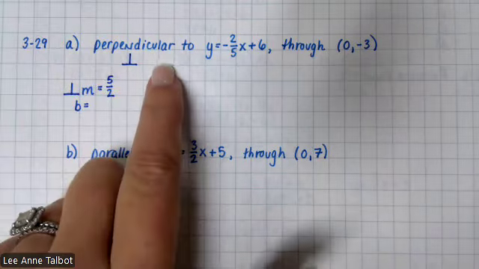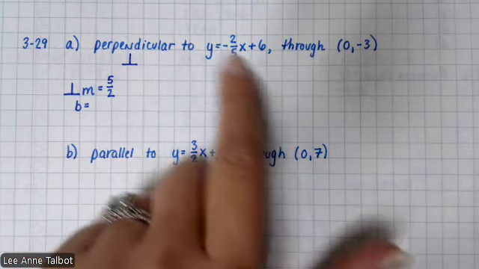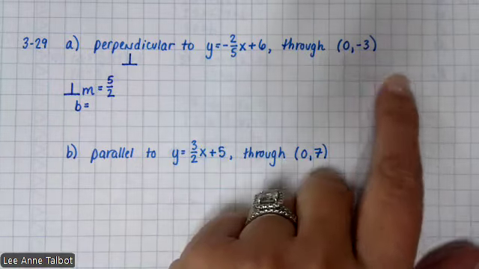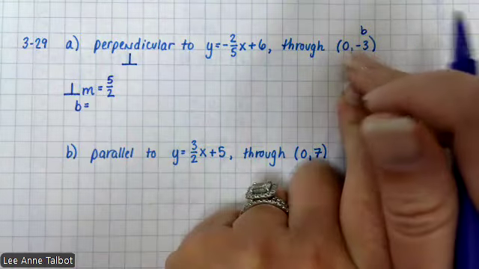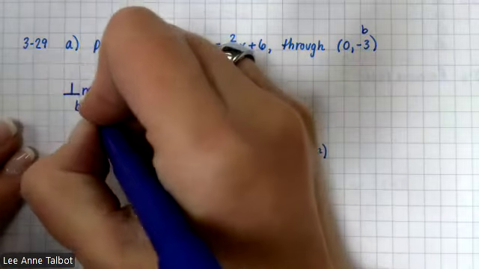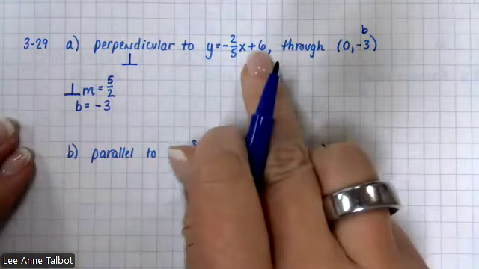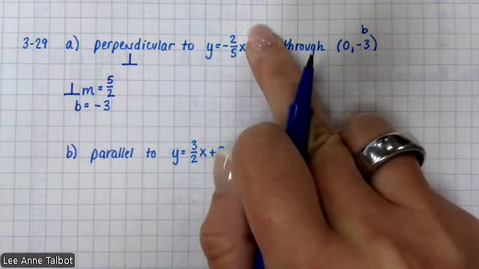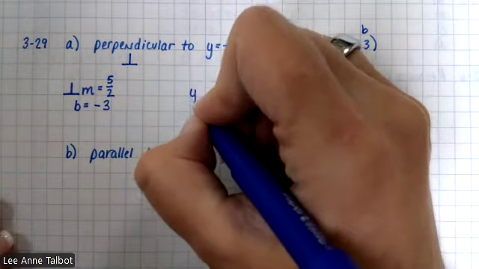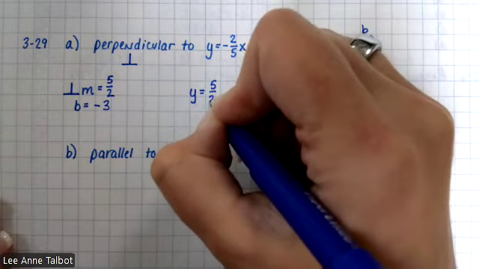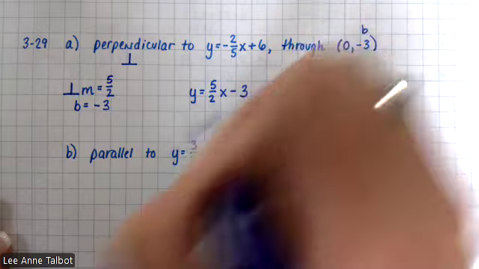Okay, now this is the most important thing. It's perpendicular to this line, but this is the B. This is the B because it's the y-intercept that this line's going to go through. So -3. You don't end up using the 6, so you have to just kind of ignore it. Okay, so y equals 5/2x minus 3.